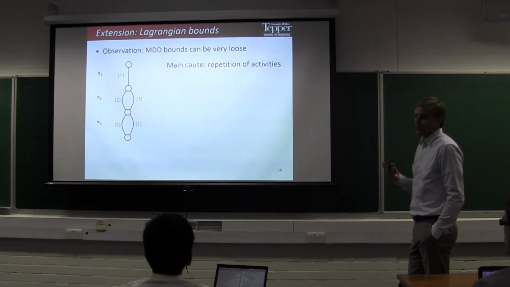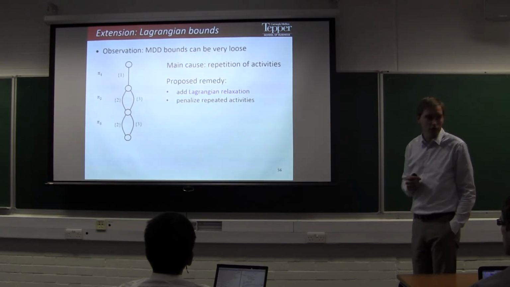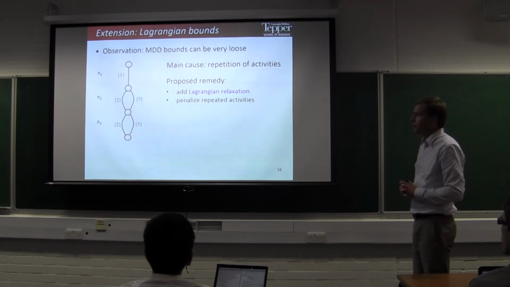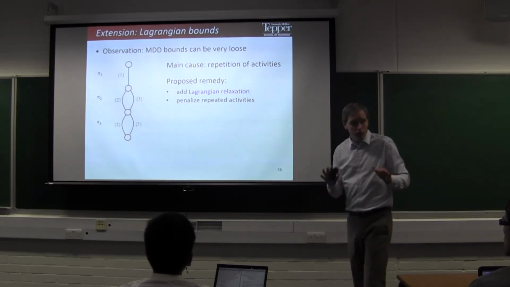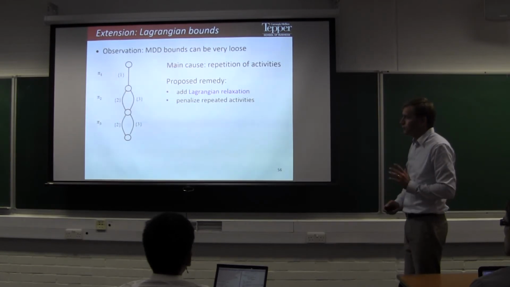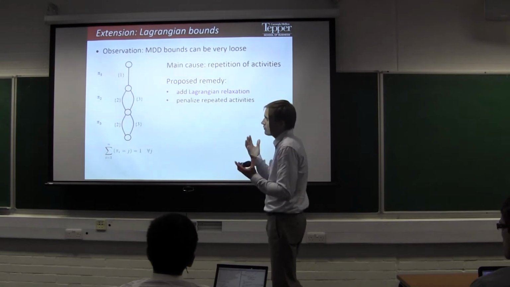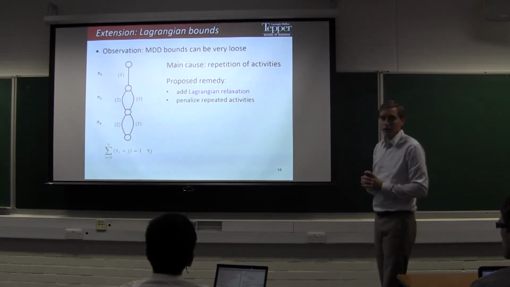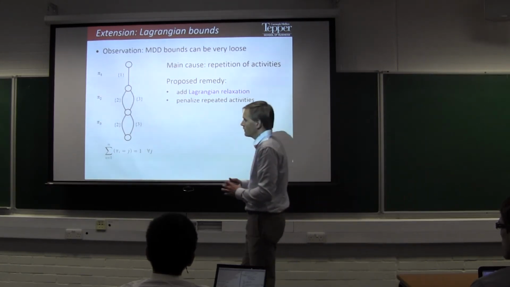The nice thing is there is a mechanism from operations research, from mathematical programming, called Lagrangian relaxation. And it fits this framework of MDDs very well. I'm not sure if everybody is familiar with that, but I'm going to give you a high-level intuition. If you would write this down in a linear way, and write down the constraint that each task must occur exactly once, this is what it would look like.